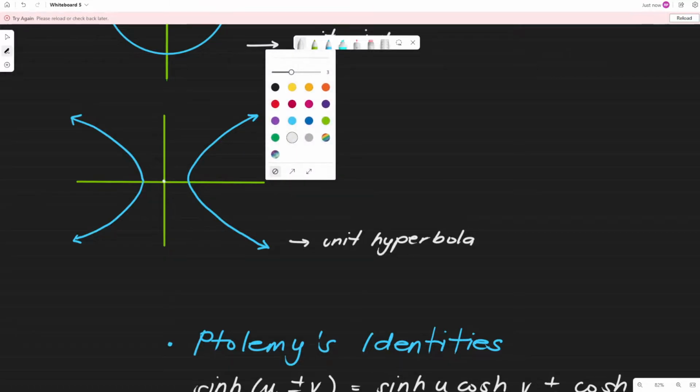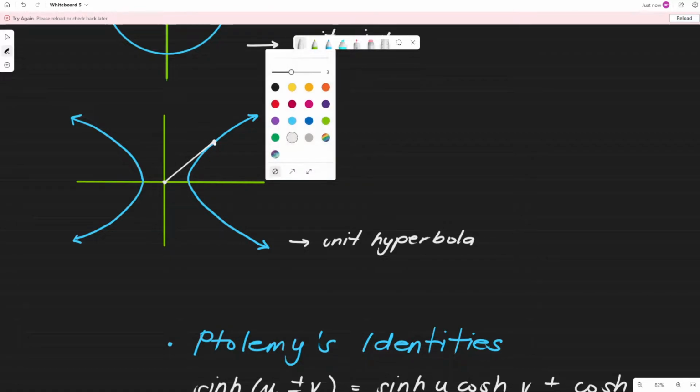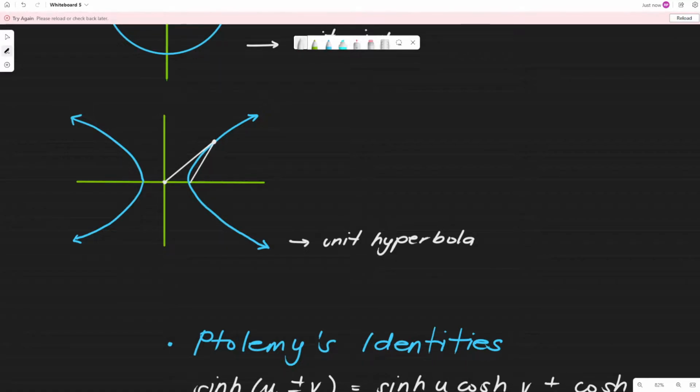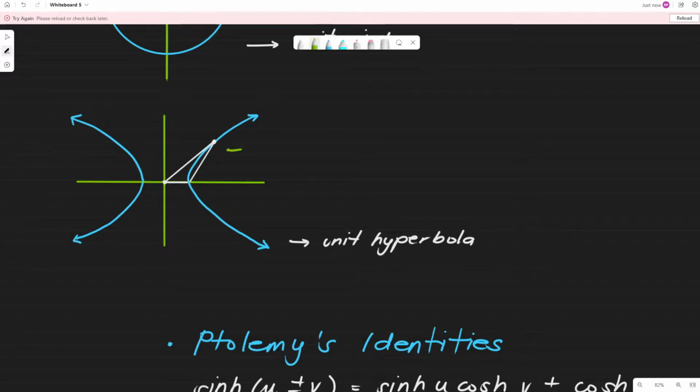So, if we do the same manner as what we did with the unit circle, and go from the center to any point on the hyperbola, let's say here, and we will go back to this point, our vertex, the vertex of our hyperbola, and connect this, we form our so-called hyperbolic functions.